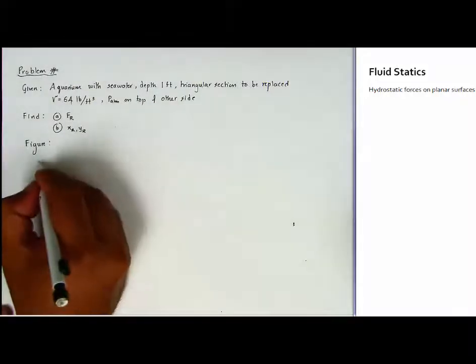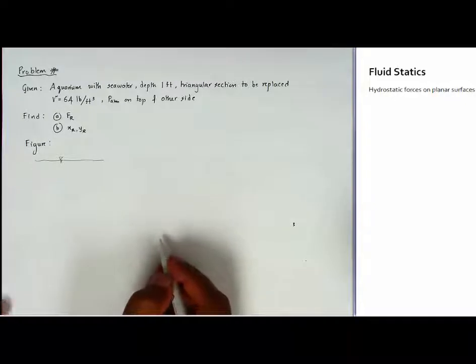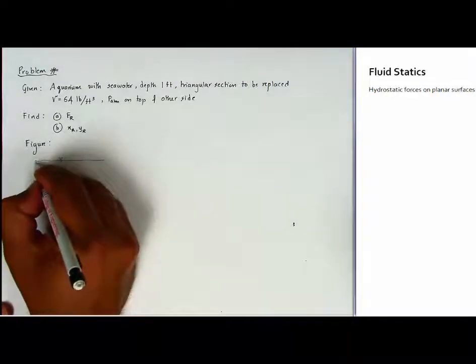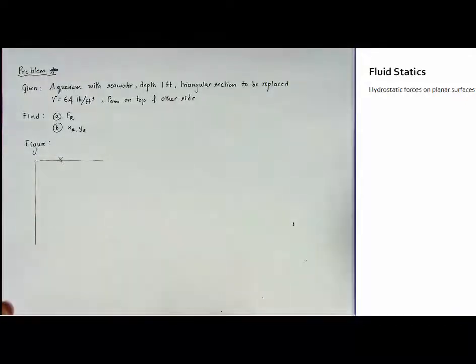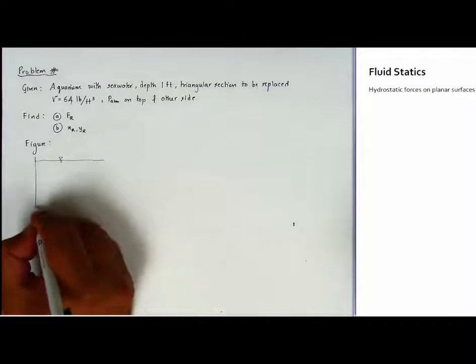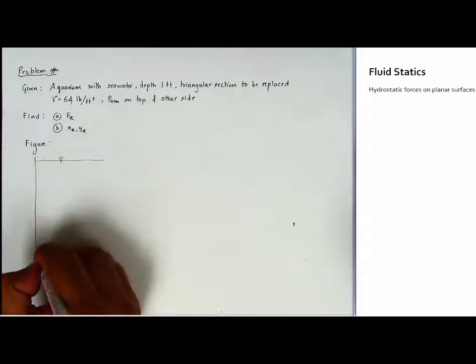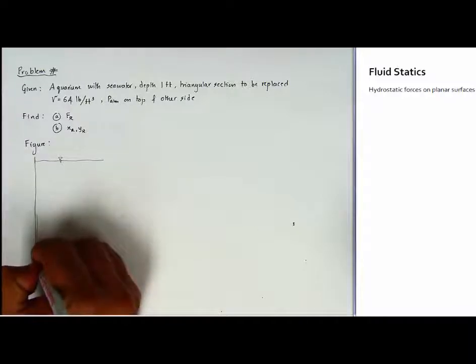So your figure is going to be, there is the free surface of the water, and then you have a vertical line, that's the side view of the tank, and your triangle is somewhere here. So let me draw a large enough figure, obviously not to scale. So this is the triangular portion that I'm concerned about.